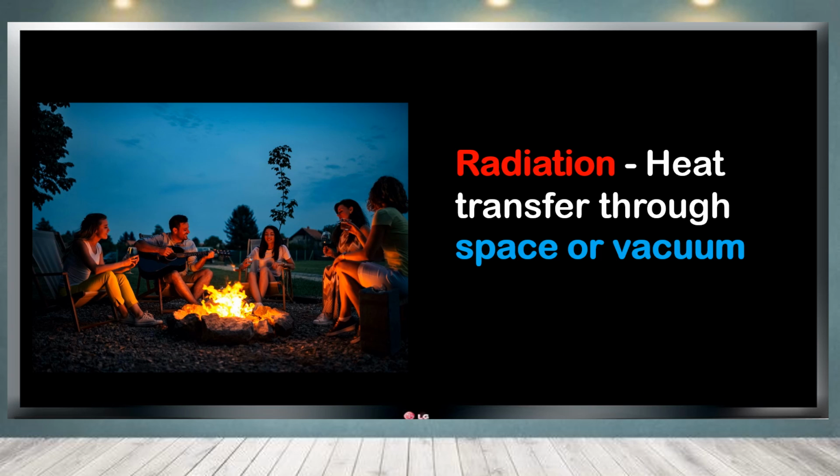Again, radiation is the heat transfer through space or vacuum. Look at them. They still feel the heat even though the fire is far from them. And how does the heat travel to the people around the fire? Through space, and it is called radiation.